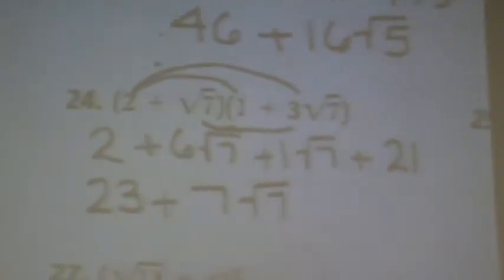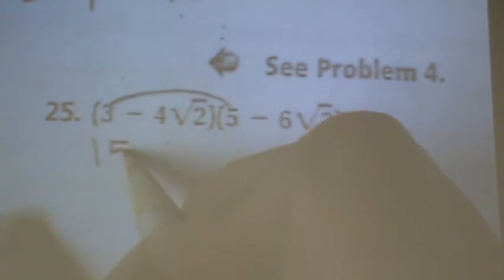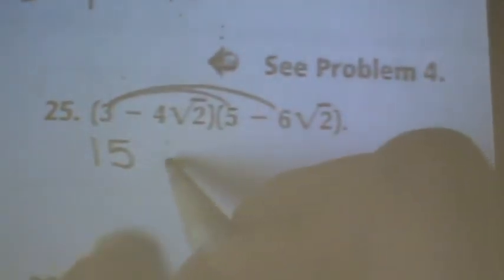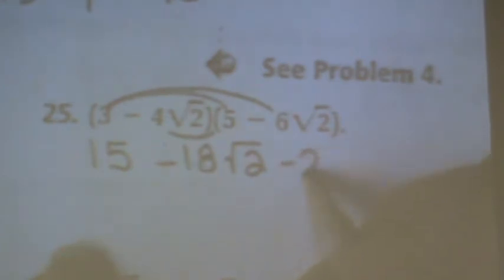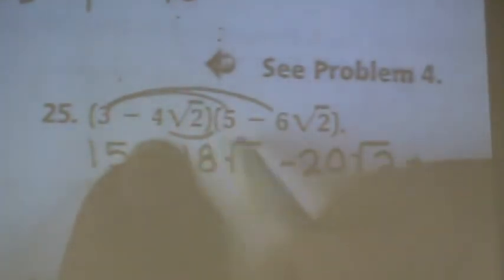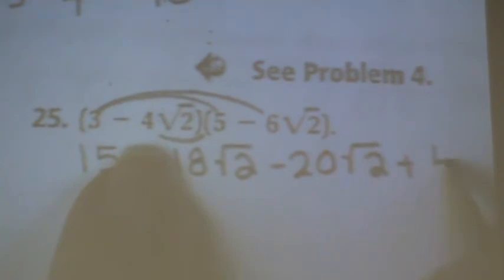We're learning. Yay. 3 times 5 is 15. 3 times negative 6 root 2 is negative 18 root 2, minus 20 root 2, plus 24 times 2.